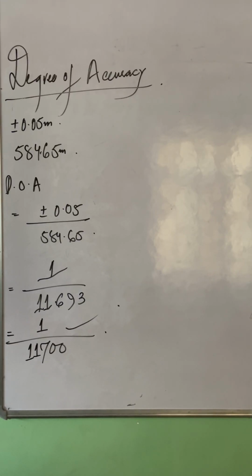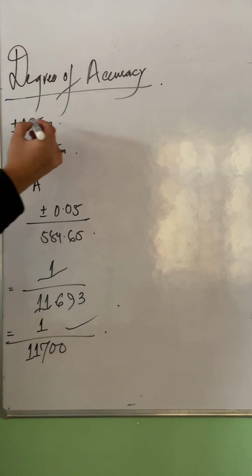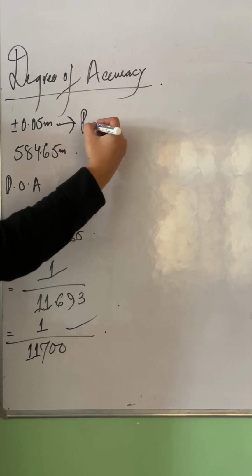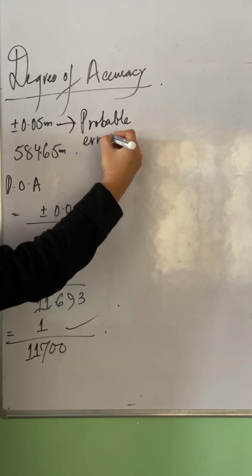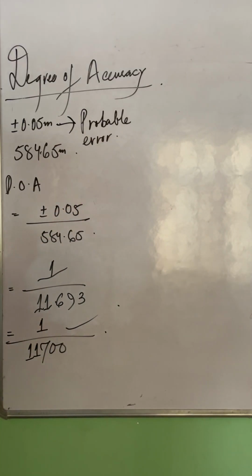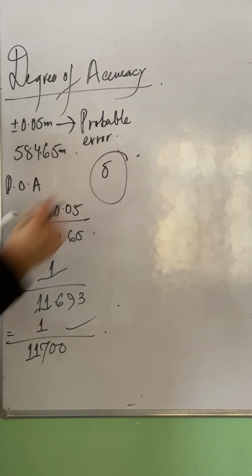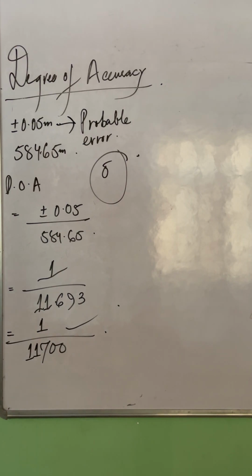But these days there is a trend to express degree of accuracy as a ratio of standard error instead of probable error. So these days we use standard error or standard deviation instead of probable error to calculate our degree of accuracy.